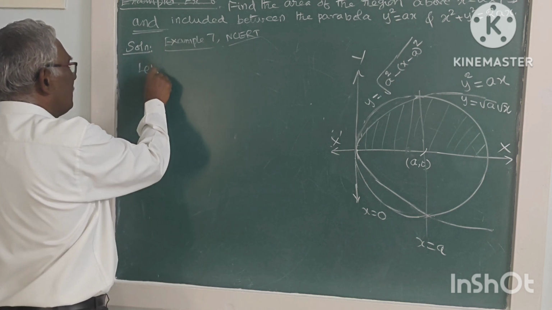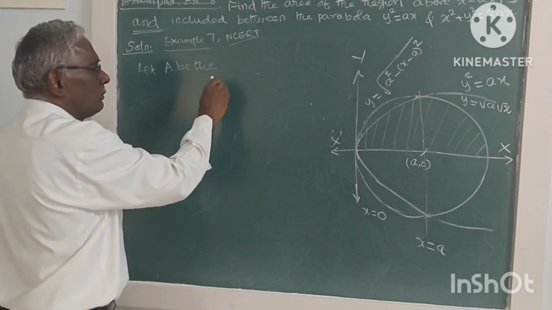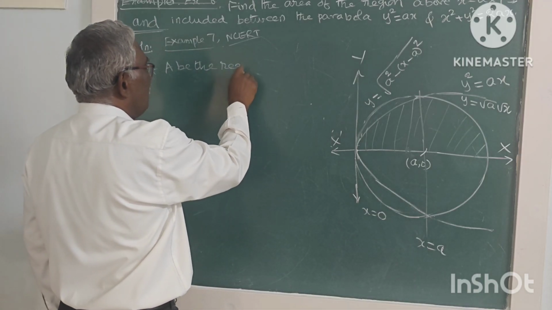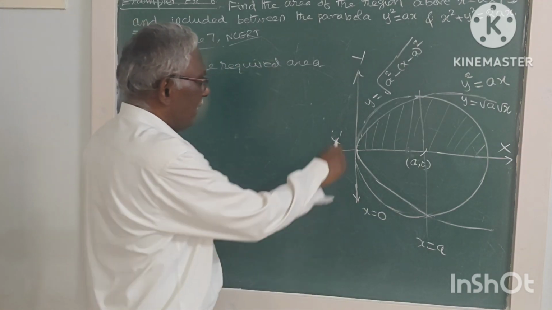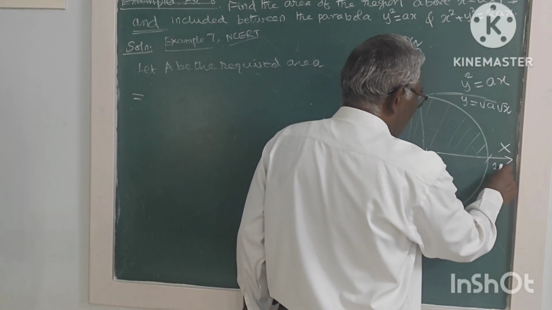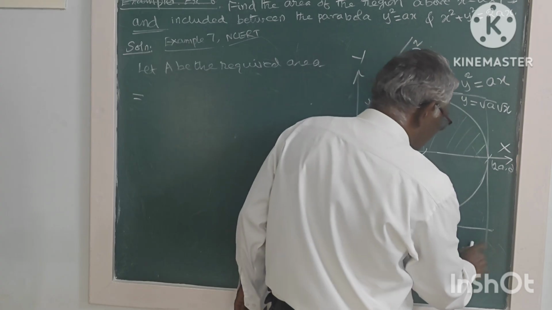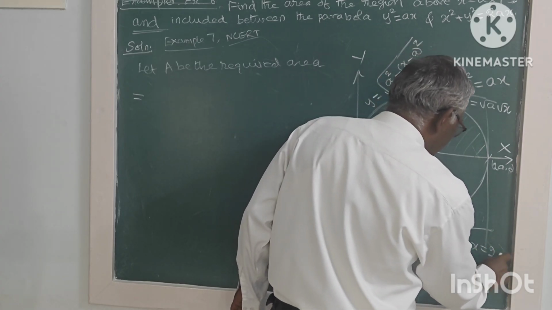Let A be the required area. So x is 0, x is a, this is (2a, 0). So equation of this line is x is equal to 2a.